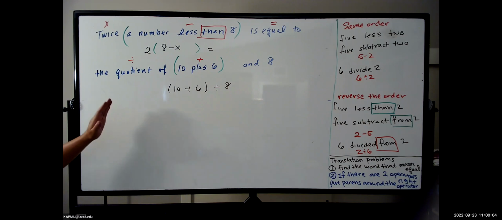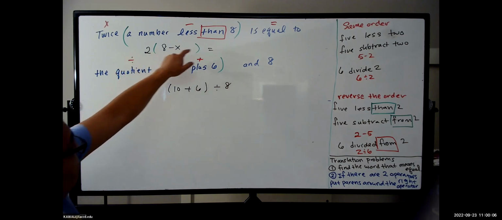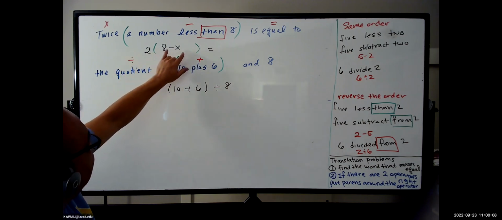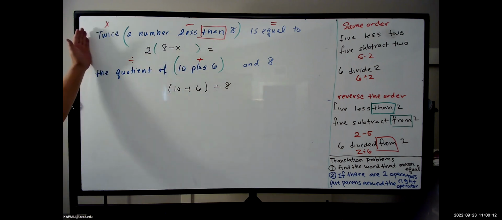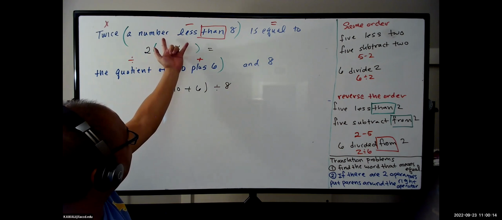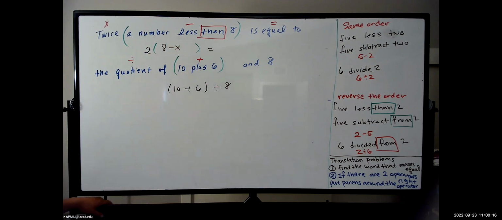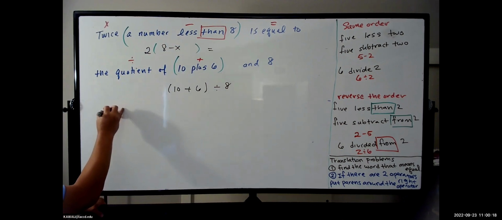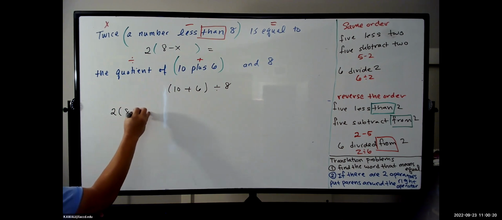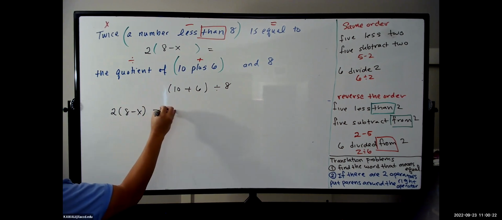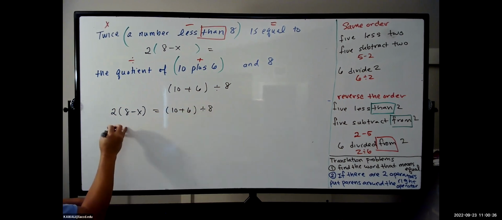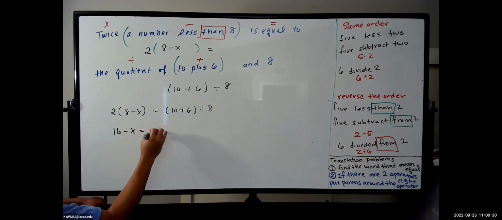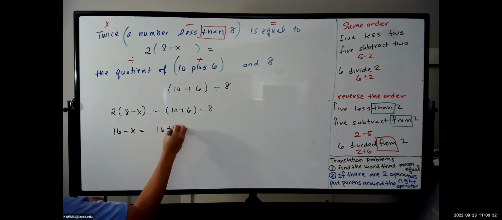Same thing over here, because we have the than, the x and the 8 switch. Otherwise, it's 2, switch 8 and x. So we get 2 times 8 minus x is equal to 10 plus 6 divided by 8. So 16 minus x is equal to 16 divided by 8.